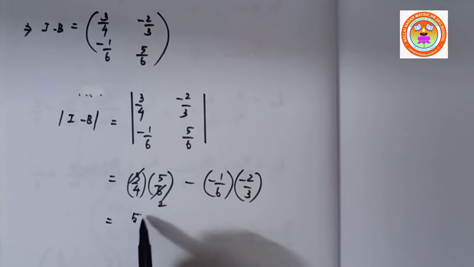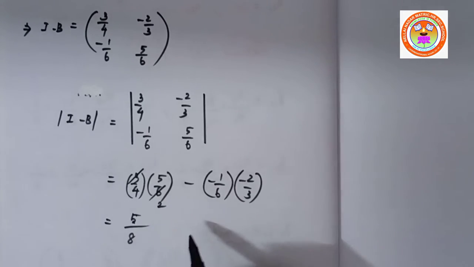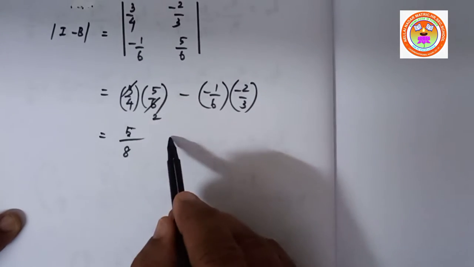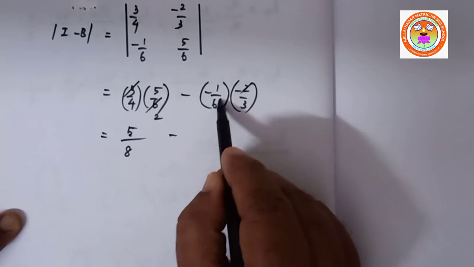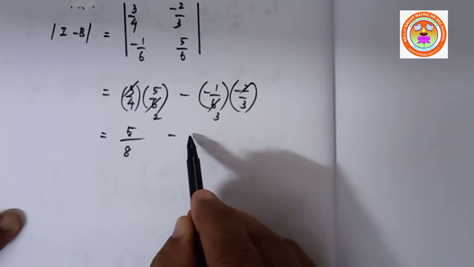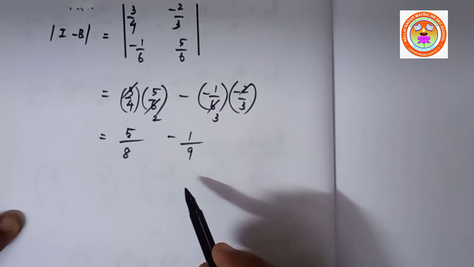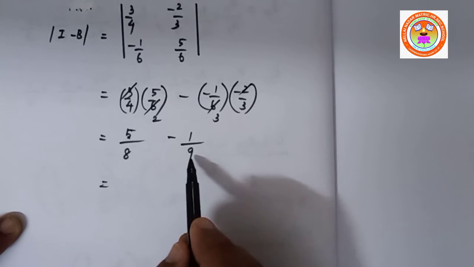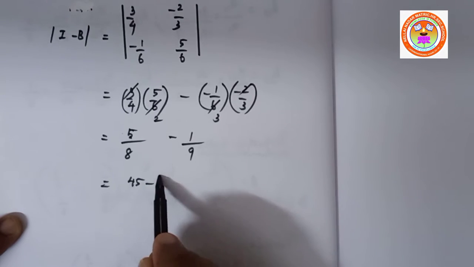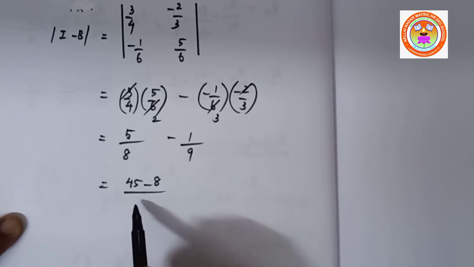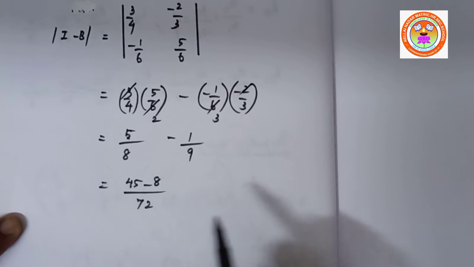So 5 divided by 4 2s are 8 after simplifying. So minus into minus, plus into minus, minus. Here you can cancel by 2, that is 3 times. So 1 divided by 3 3s are 9. If you multiply, 5 9s are 45 minus 8 1s are 8, divided by 8 9s are 72.